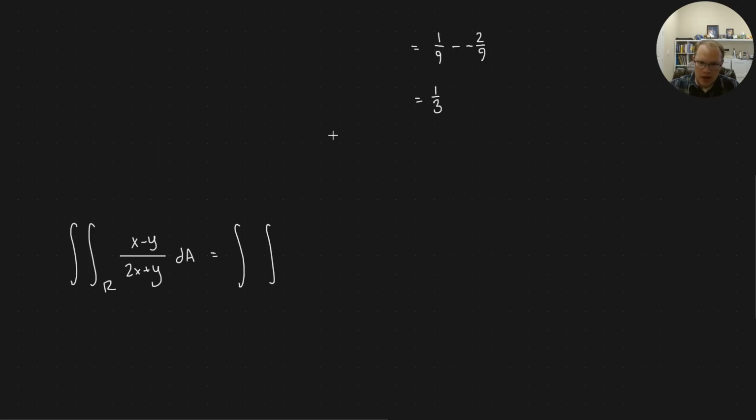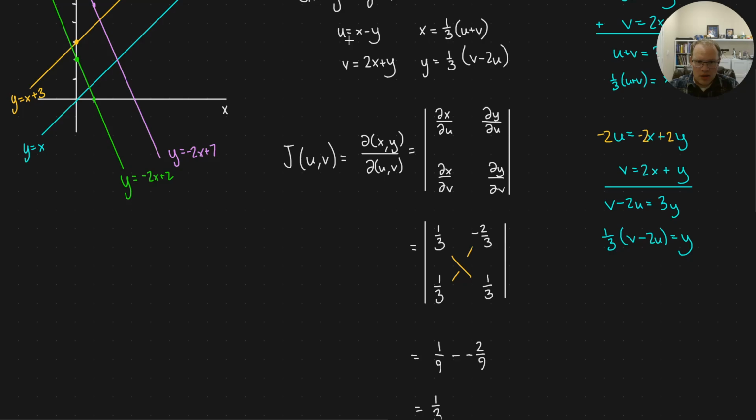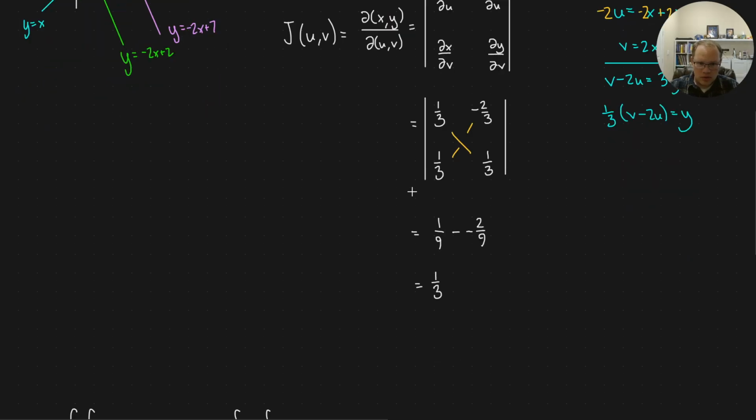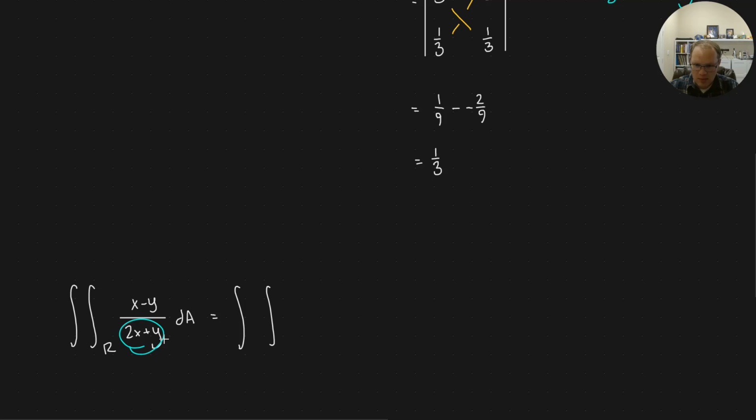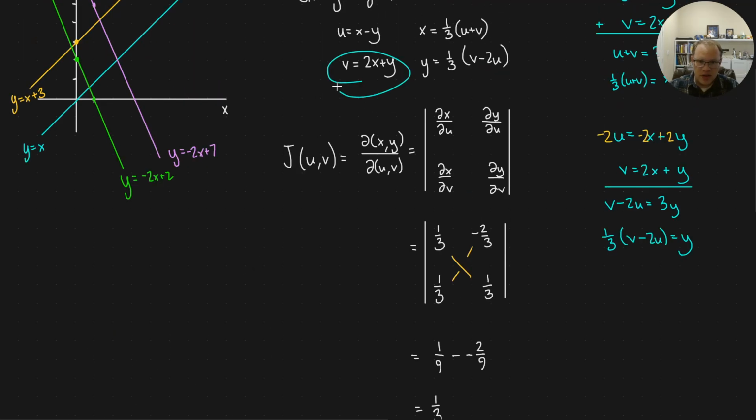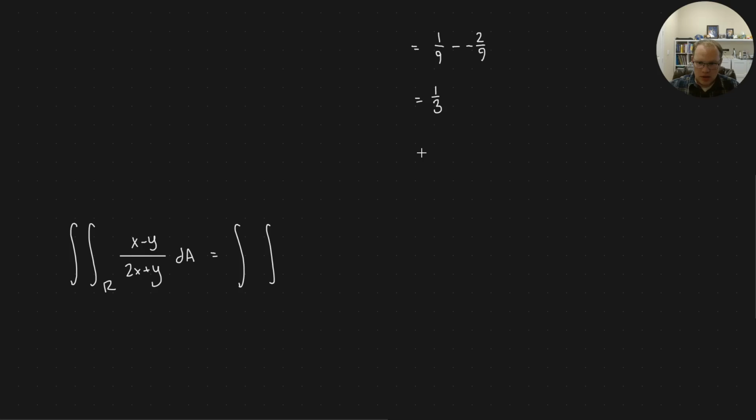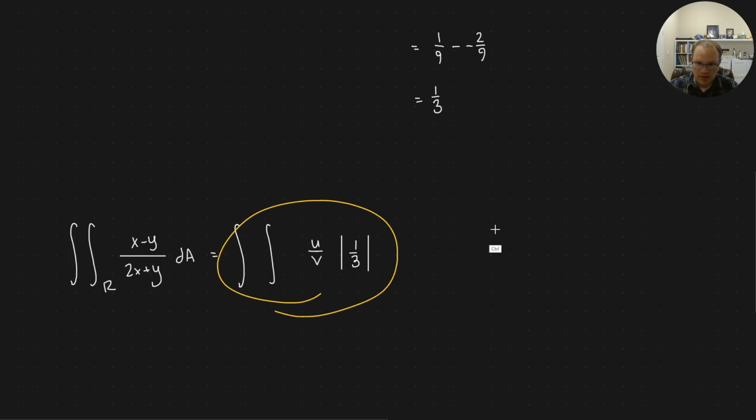X minus y is u. And 2x plus y in the denominator here is v. So I get u over v, and then times the absolute value of the Jacobian determinant, which in this case is 1/3. Okay, now we still need to decide our order of integration and our limits of integration.